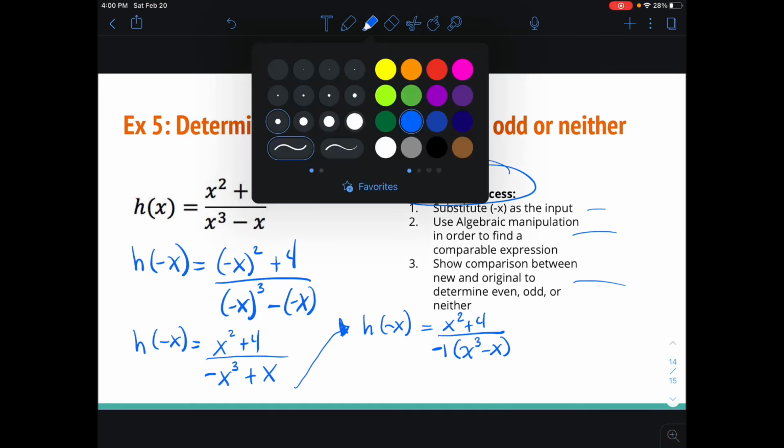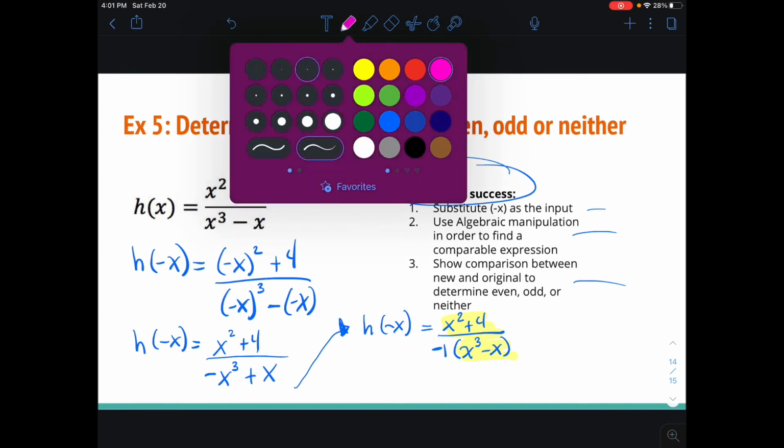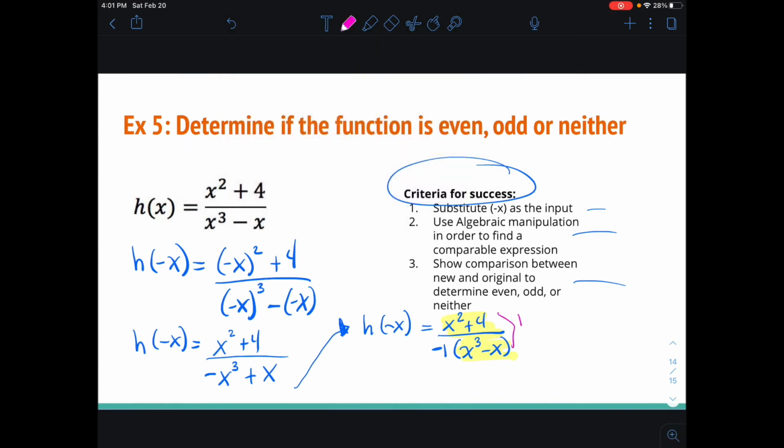We could think of this part here as the same as h of x, and what do we have? We have a negative 1 times h of x. So let's do a little more steps here. The h of the opposite of x equals negative 1 times h of x.